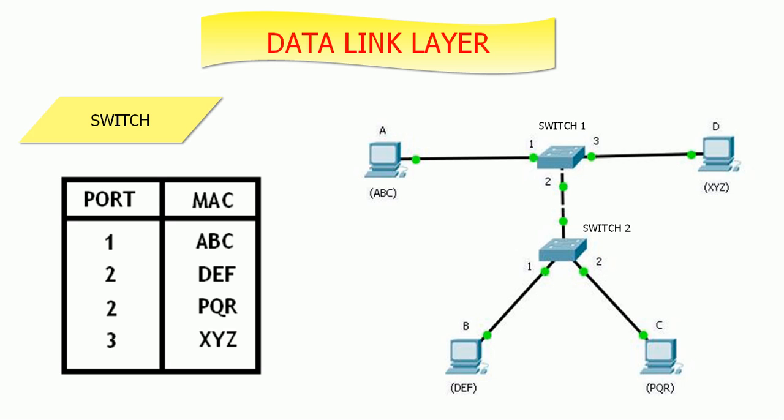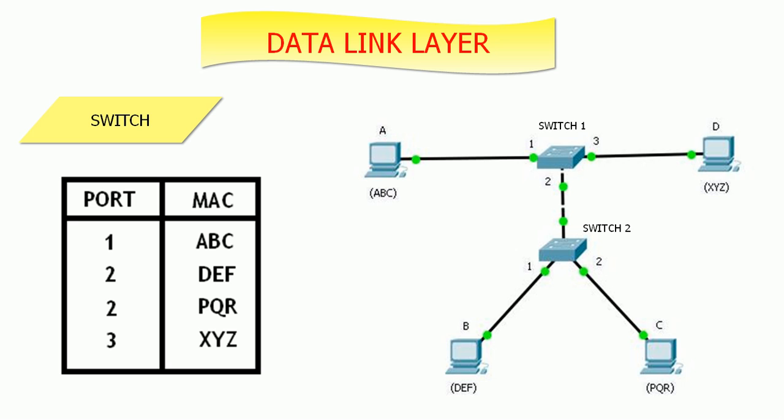Let us consider that PC A wants to learn the MAC address of its default gateway, and it sends an ARP, that is Address Resolution Protocol, which is broadcast by nature. The frame goes to switch 1. The switch would look at the frame and find out that this frame is coming from PC A and its MAC address is ABC.